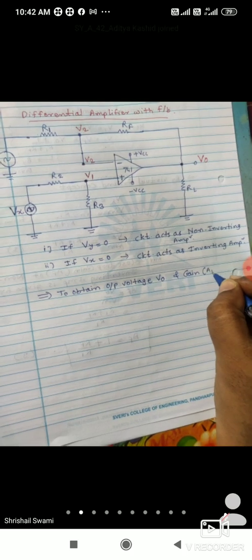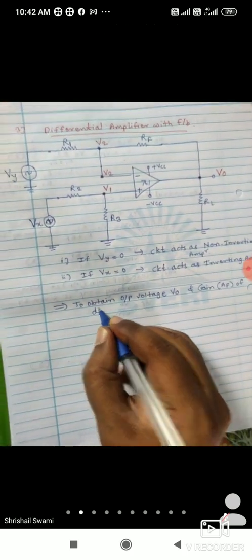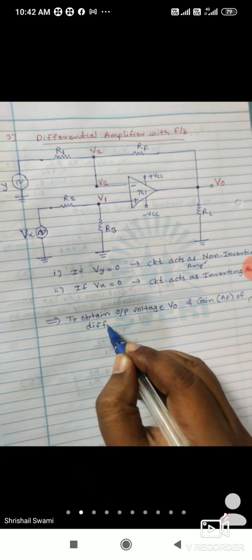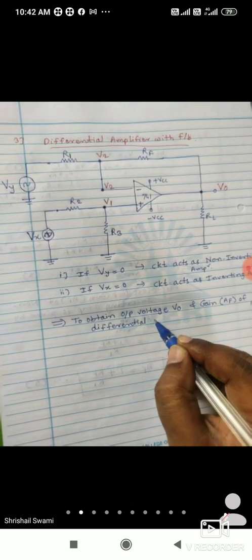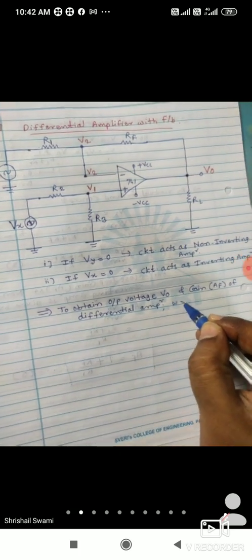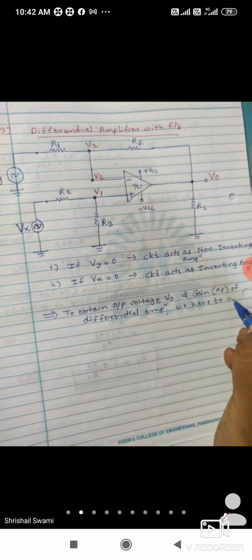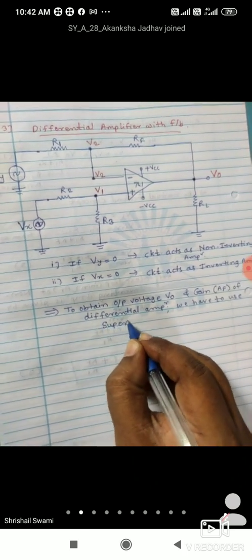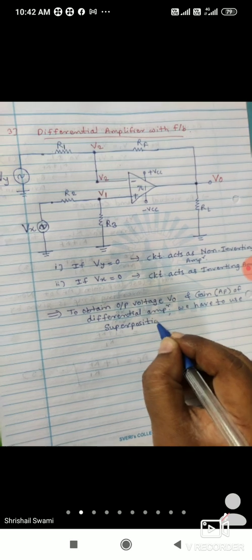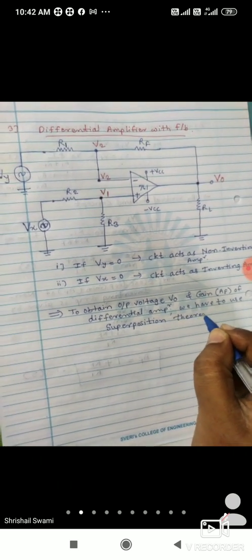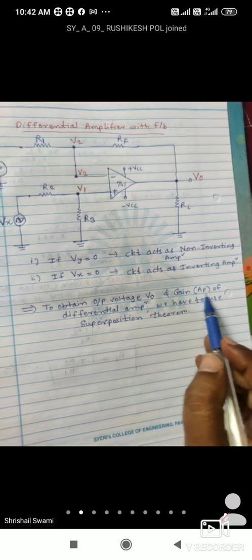Now, to obtain the output voltage V0 and gain AF of the differential amplifier, because this is a differential amplifier, we have to use the superposition theorem.